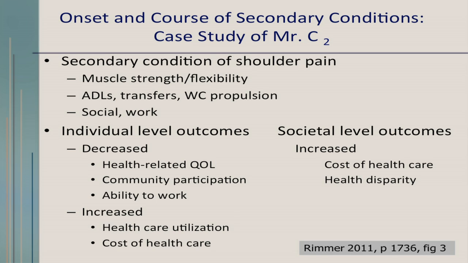He also has increased healthcare utilization, and he has increased cost of healthcare due to his amount of co-pays that he's having to do. At the societal level, he has increased cost of healthcare and health disparity in that his shoulder problem has a higher prevalence in people with spinal cord injury than it does for people in the general population.